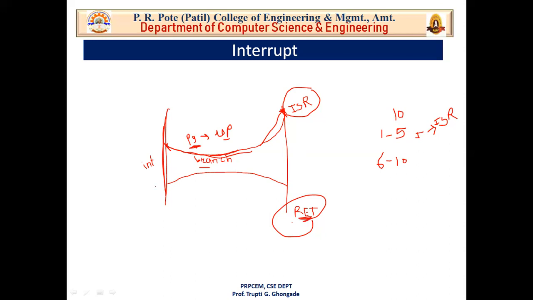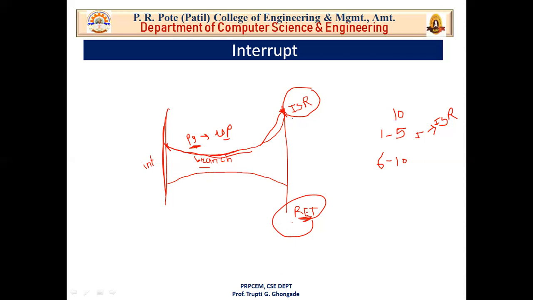Now, how will the processor get the return address? The return address is already held by the program counter, because once the processor is executing a program, the program counter gets incremented by 1. That means the program counter is now holding the next instruction. The processor will store that address in a stack data structure, and then the processor will get the ISR. Once the ISR address is loaded into the program counter, the processor will go to the ISR.